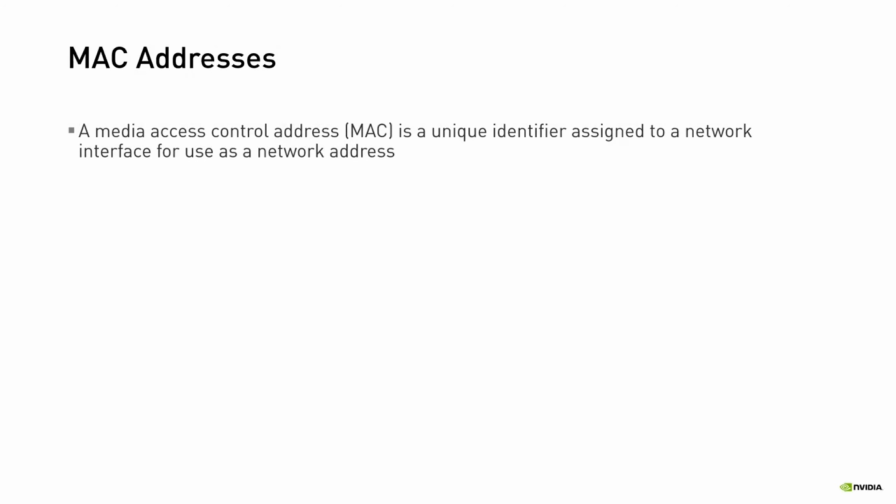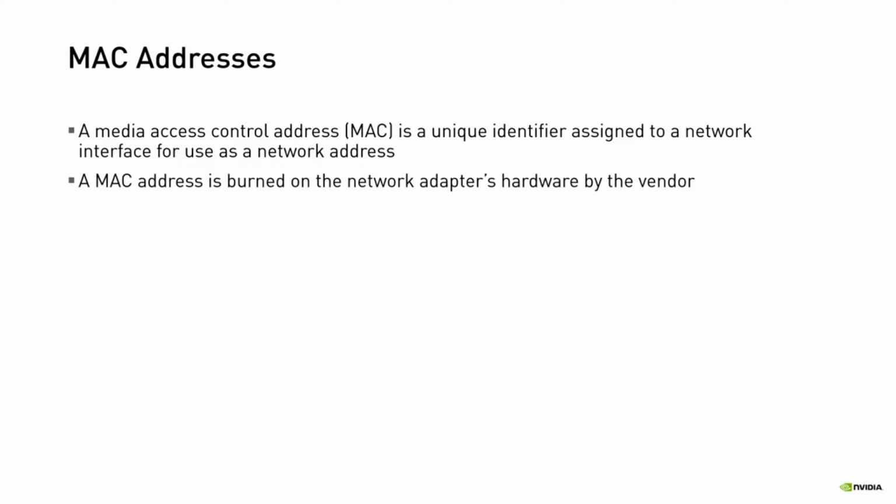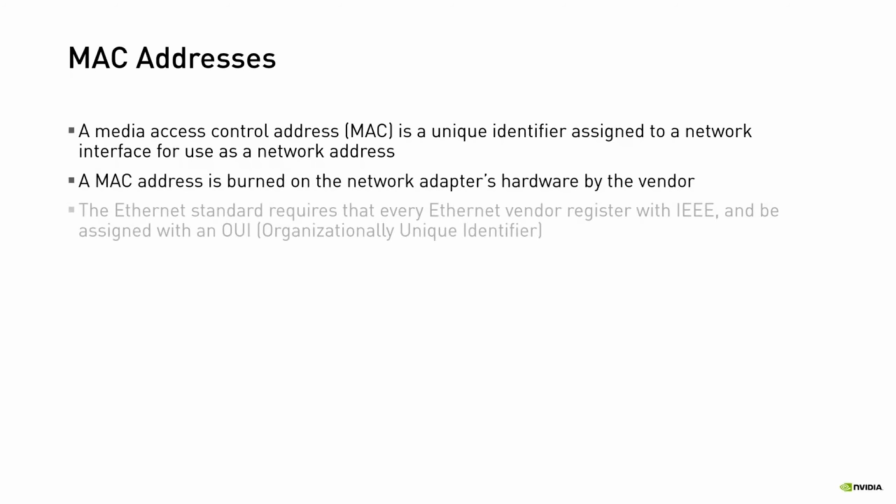A Media Access Control address is a unique identifier assigned to a network interface for use as a network address in communication within a local network. A MAC address is burnt on the network adapter's hardware by the vendor. The Ethernet standard requires that every Ethernet vendor register with IEEE and be assigned an OUI, organizationally unique identifier.